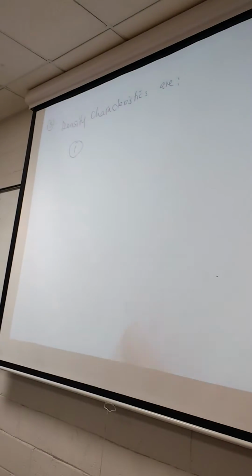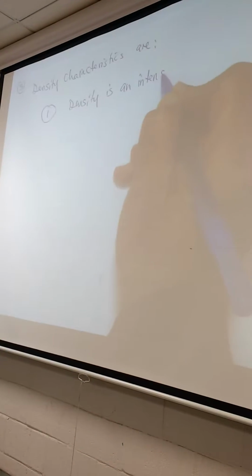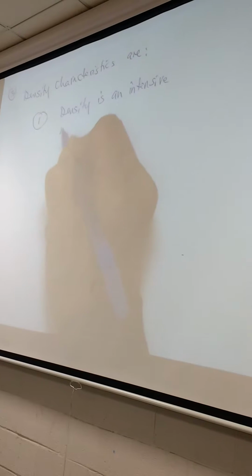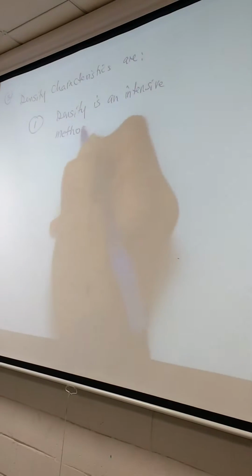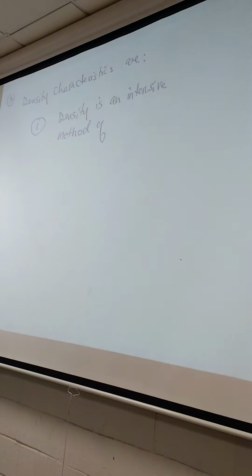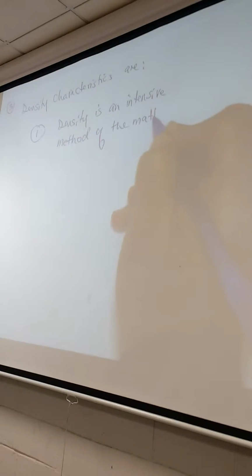So what is this? Density is an intensive property of the matter. What does it mean?